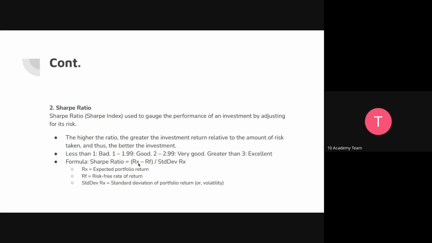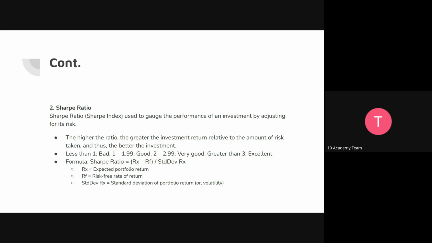Okay. The next measure of risk is the Sharpe ratio, or Sharpe index. This is a measure of the performance of an investment adjusted for its risk.